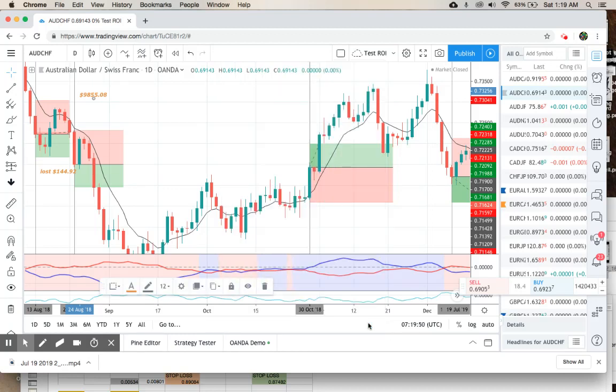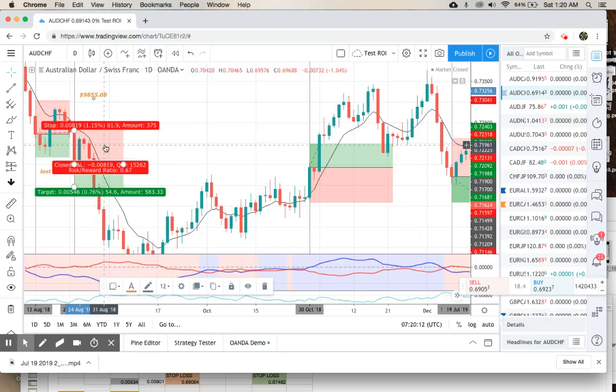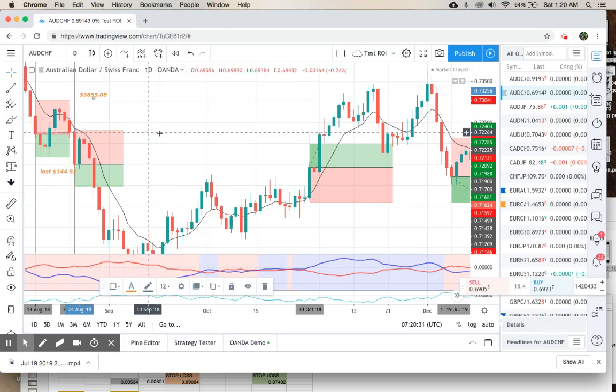Okay, times 1%. So 1% would be $98.55. $98.55 divided by, what's my biggest risk here? 81.9. $98.55 divided by 81.9 is $1.20 a pip for each half of that trade.